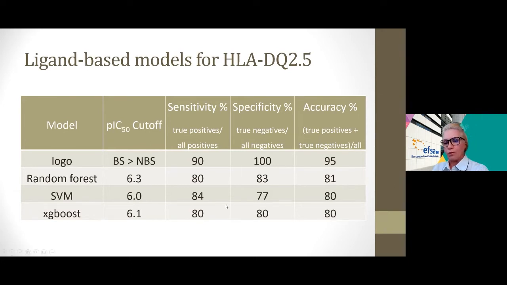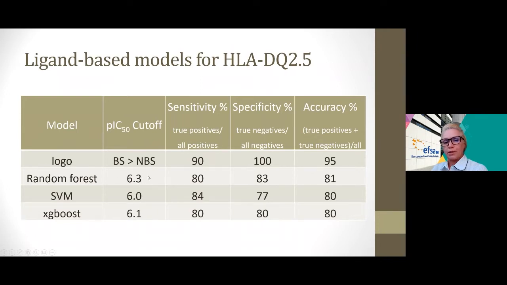So all these models that are presented here in this table, in the next table as well, are based on the peptide libraries coded binary. So we have one classificational model here, the logo model, and 3 quantitative models from the machine learning: random forest, support vector machine, and XGBoost. So this cutoff shows the limit.